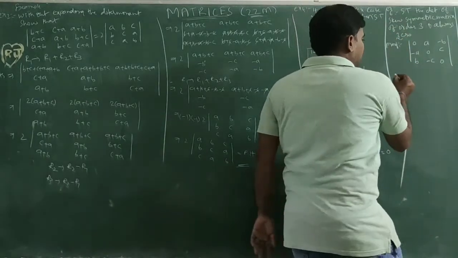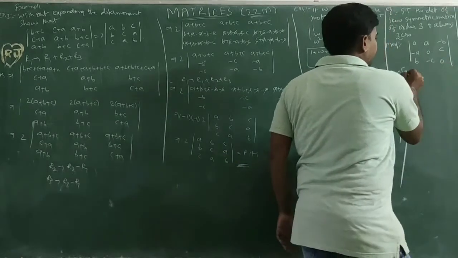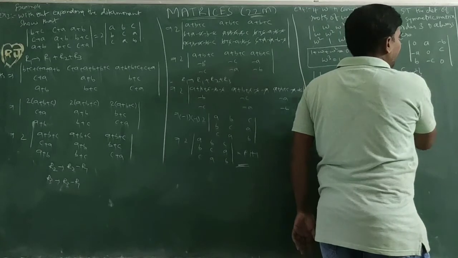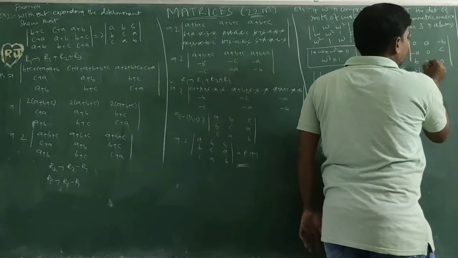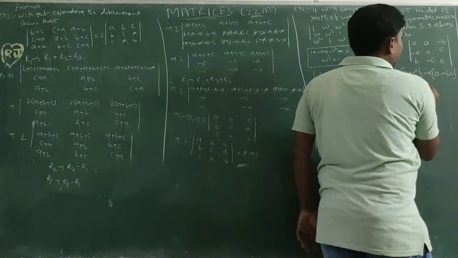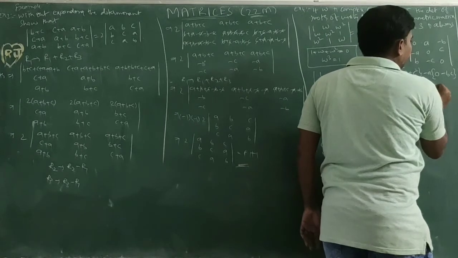So 0 into 0 into 0, 0. This side plus C square minus A into 0, 0 minus BC, plus minus B into minus A into minus C plus AC.